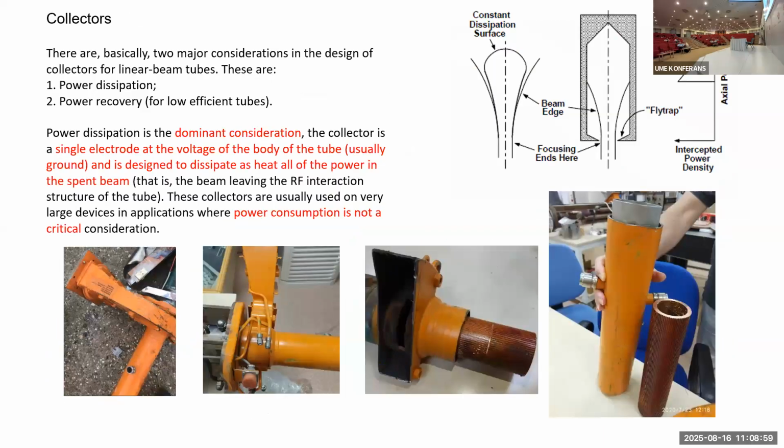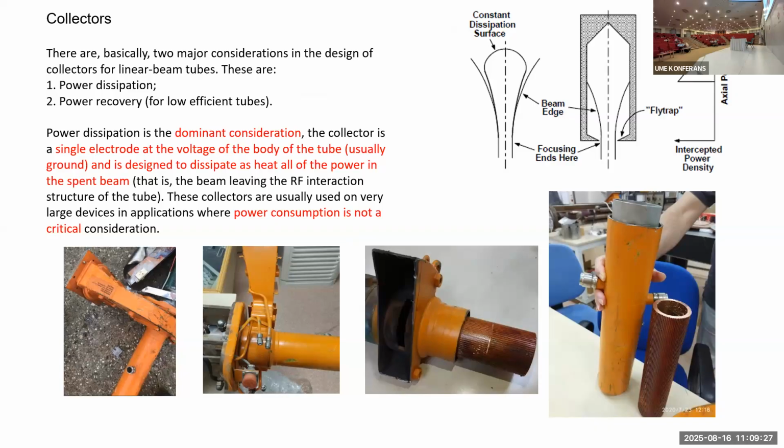Yeah, that's the collector that we have skipped. These are the Klystrons from Philips, about 1.3 or 1.5 gigahertz. We have the tube part, and here is the output cavity, and this is the same.